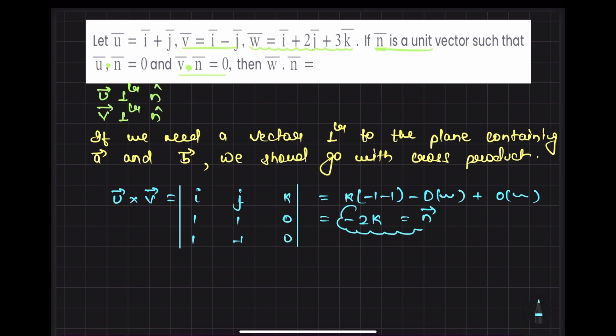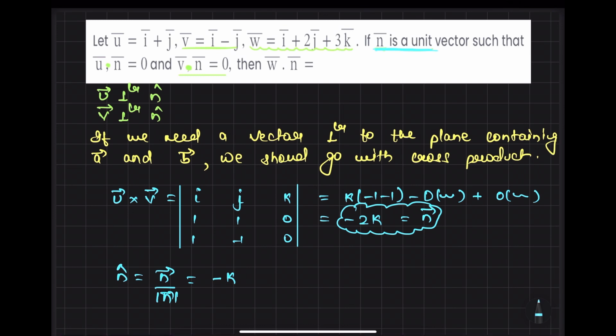But we want a vector n which is a unit vector. So if you wish to have a unit vector, what should we do? We should divide our vector by the magnitude of vector n. So it would become minus of k. Correct? So we got our minus of k.